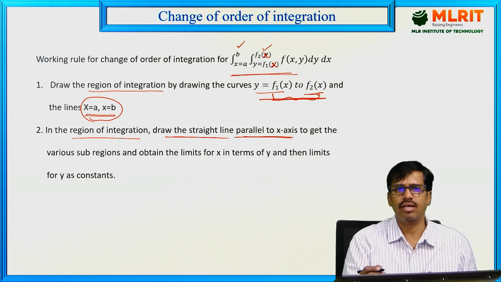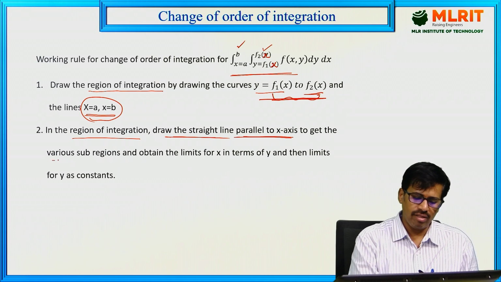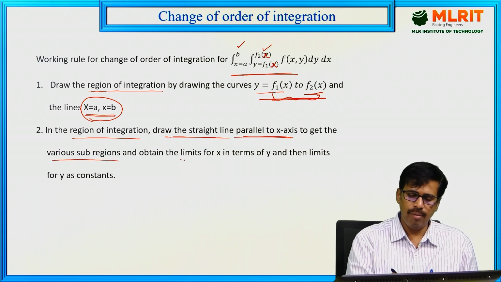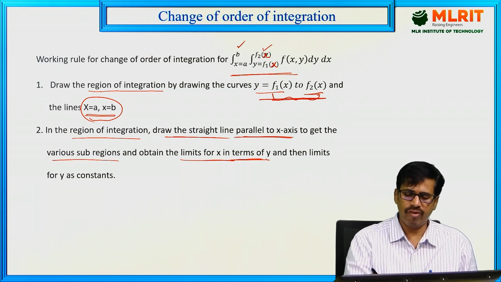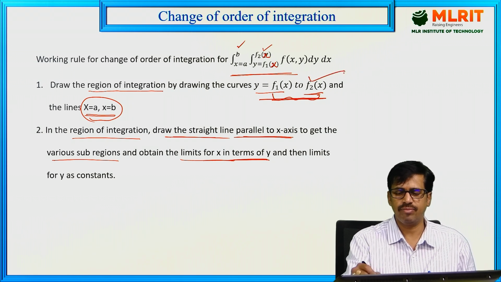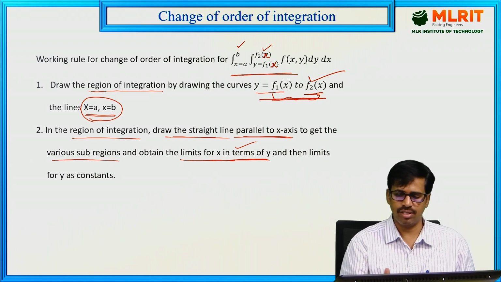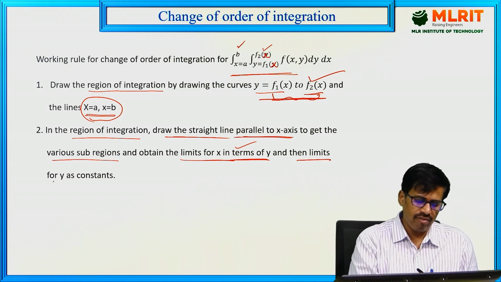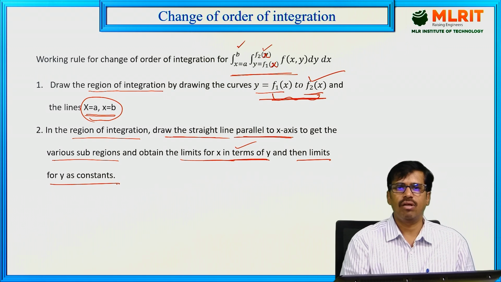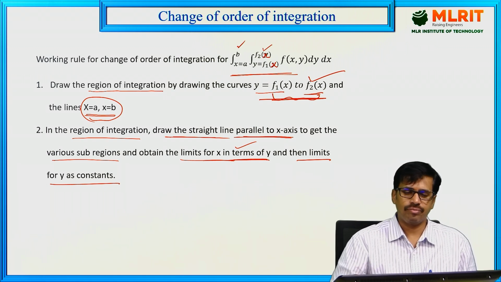Draw the horizontal line in the region of integration to get the various subregions and obtain the limits for x in terms of y. So we got y in terms of x, then we will get x in terms of y. So the order of integration is changed and then we get y limits as constant. After changing the order, we can integrate this easily.